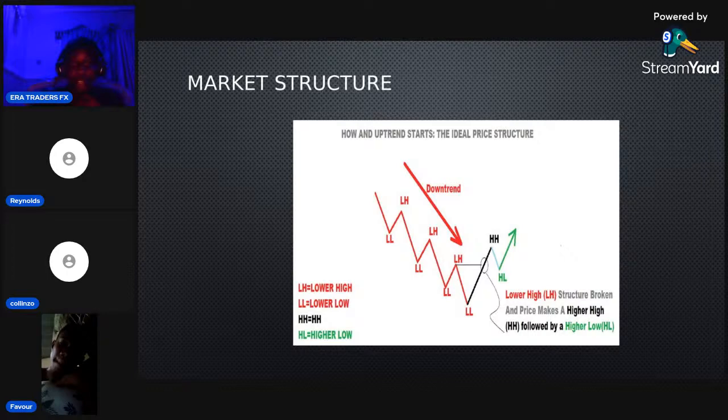So you will know that overall you are now bullish, but minorly, we saw that the market was forming a minor downtrend in an uptrend. Overall you're looking at it as an uptrend, but it formed minor lower high, lower low, lower high, lower low. I don't know if you are getting what I'm saying.